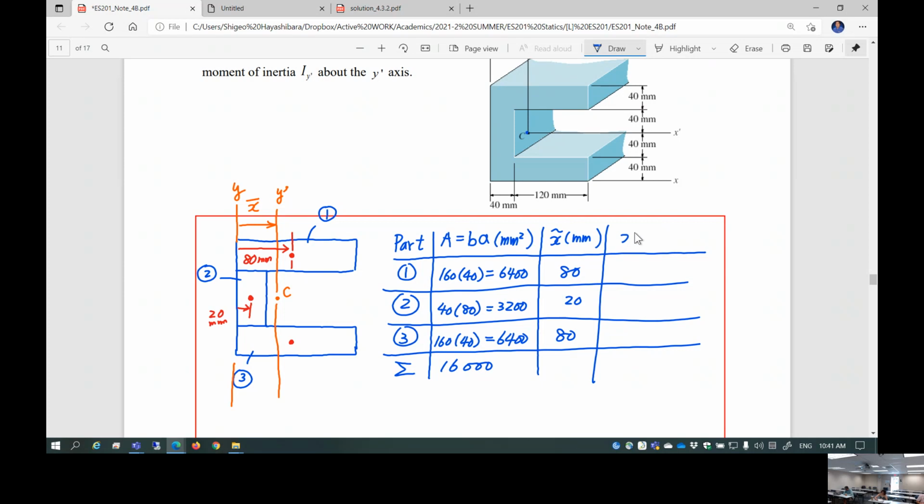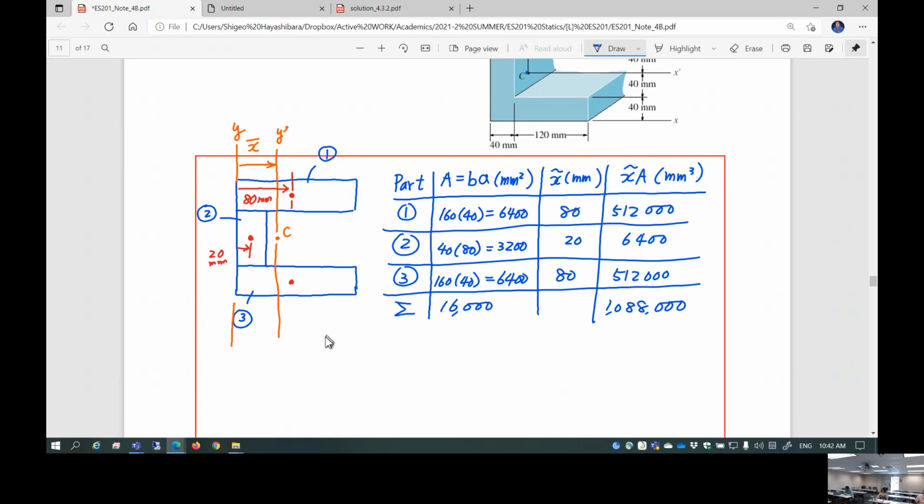Then you do x tilde times A, which gives you millimeter cubed. So multiply this times that, 512,000. This times that, 6,400. This times that, 512,000. Add them all up, 1,088,000.